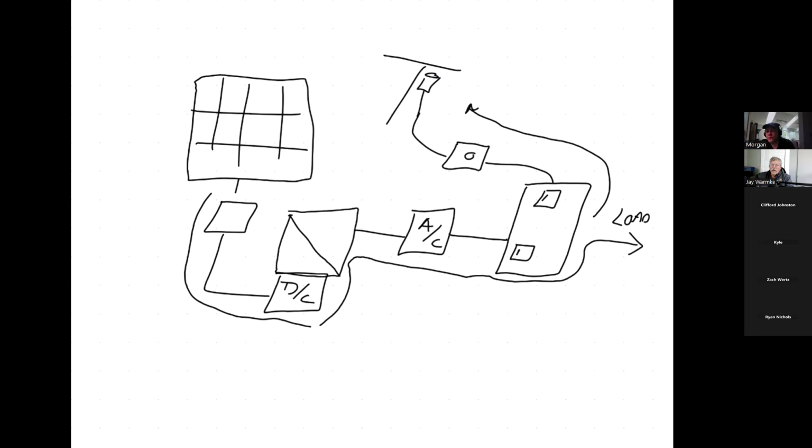One transformer on the grid got touched by a tree branch and shorted out and blew out. Well, what does that do? As soon as you lose some of the supply, so that's what would happen when a transformer blows out, some of the supply is lost, which means voltage is going to fall on the grid because the loads didn't change, but the supply changed.